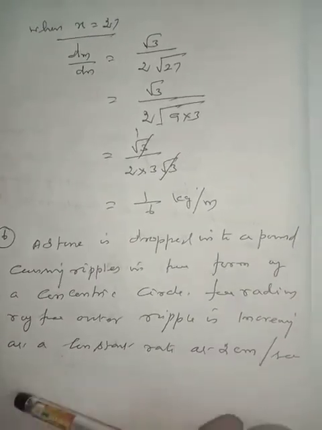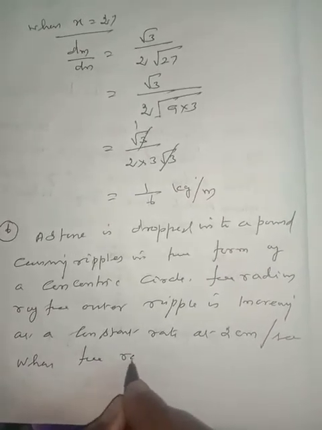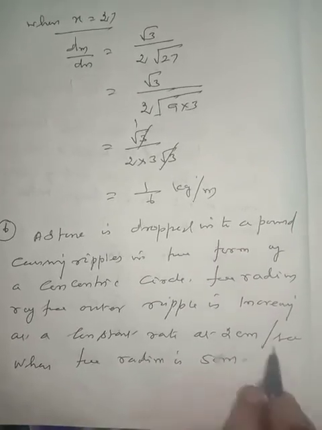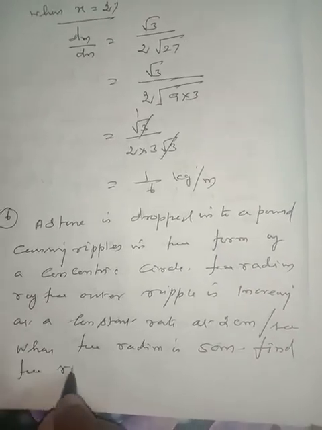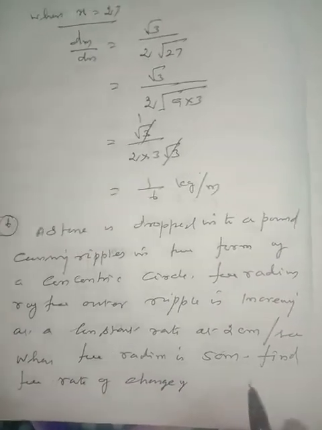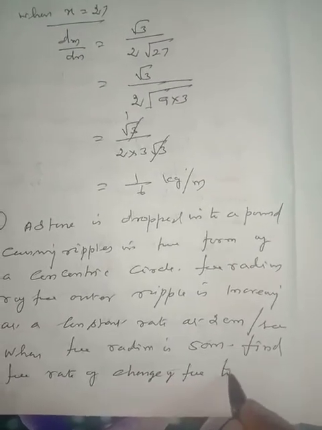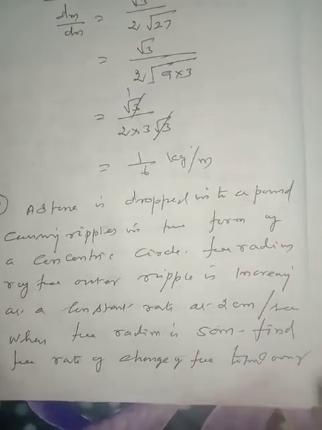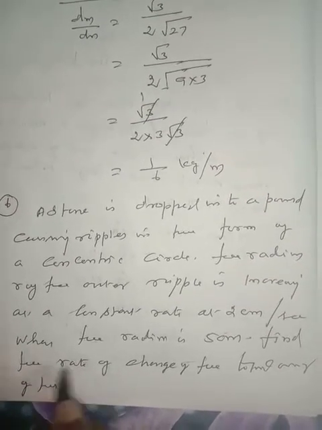When the radius is 5 centimeters, find the rate of change of the total area of the disturbed water.